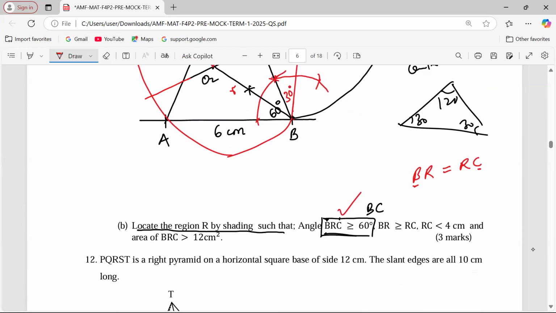Then finally, RC less than 4. So RC equals 4. It means we need a circle, but because it is strictly less than, we use a dotted circle.